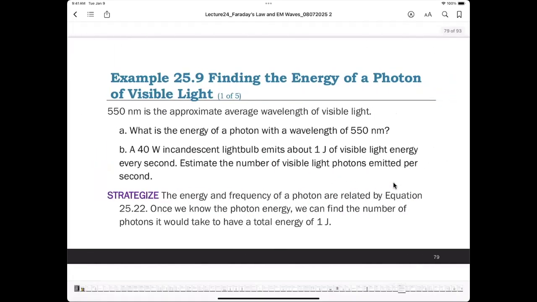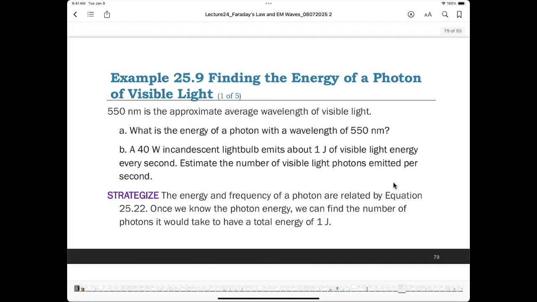Okay, let's talk about this example: finding the energy of a photon of visible light. 550 nanometers is the approximate average wavelength of visible light. What is the energy of a photon with a wavelength of 550 nanometers? A 40-watt incandescent light bulb emits about 1 joule of visible light energy every second.